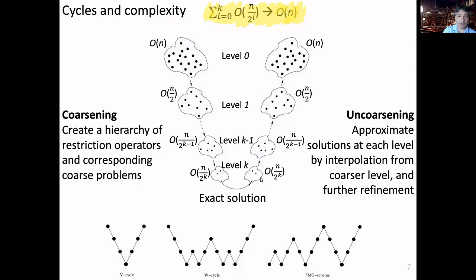And then with the process that is called uncoarsening, we start to lift up the solution obtained at the coarsest level, scale by scale, all the way back to the original level by interpolating it from the coarse to the next finer level, and then refining it at each level.